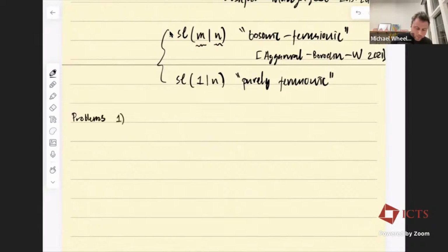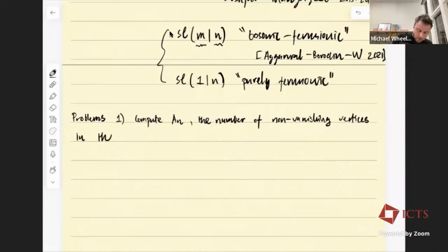Number one was to compute a_n, the number of non-vanishing vertices in the UQ SL_{n+1} model, since that's what it is.